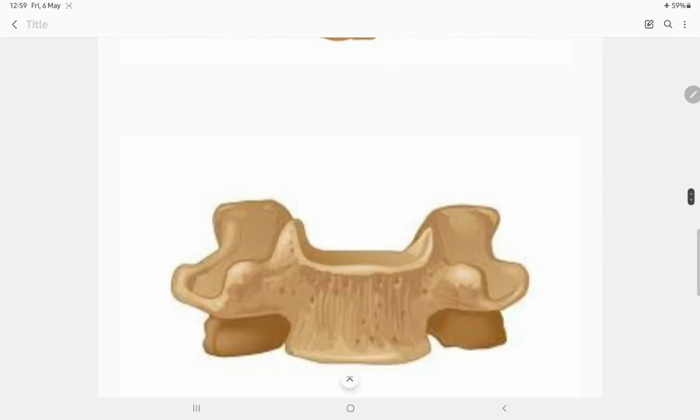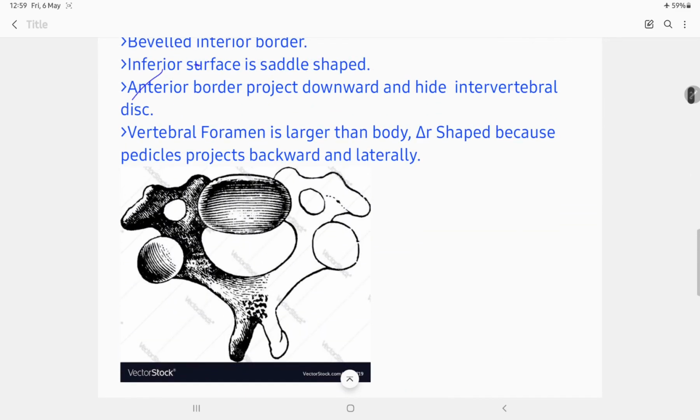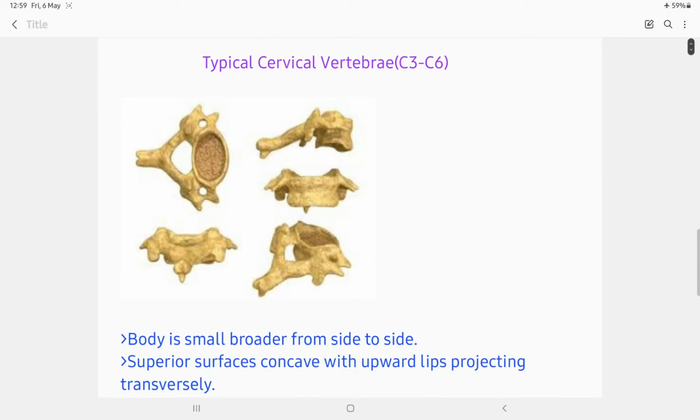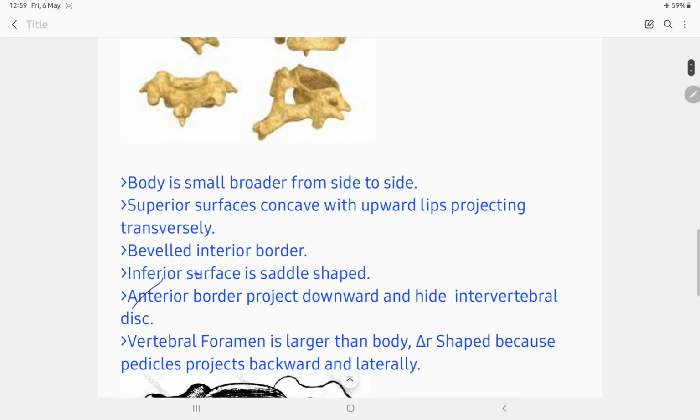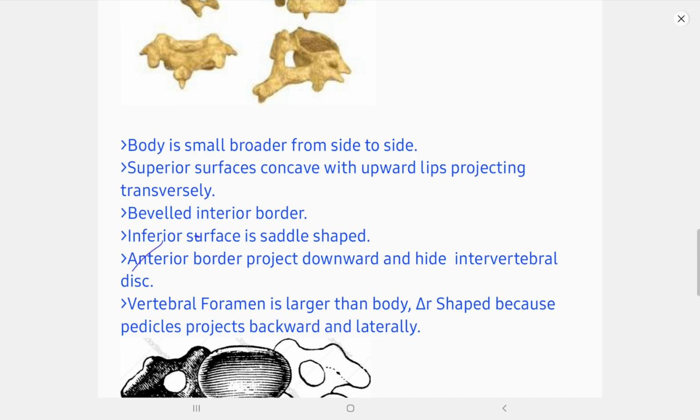And I have to tell you one more thing: in the case of cervical vertebra, thoracic vertebra, lumbar vertebra, and sacral and coccygeal, if you do not have any idea about the numbers, which of them are typical, atypical and non-typical, you don't need to worry about that, because you can just go through flashcards.